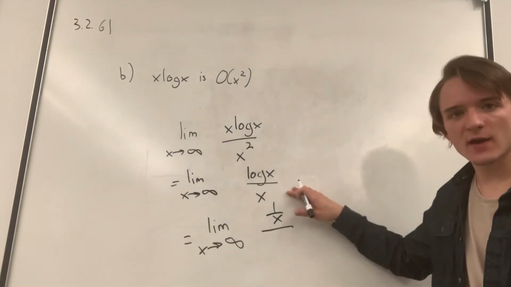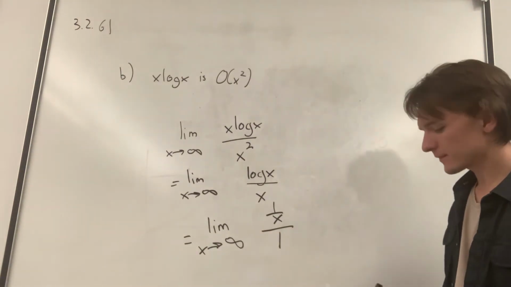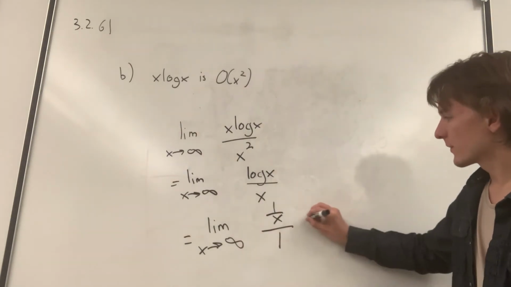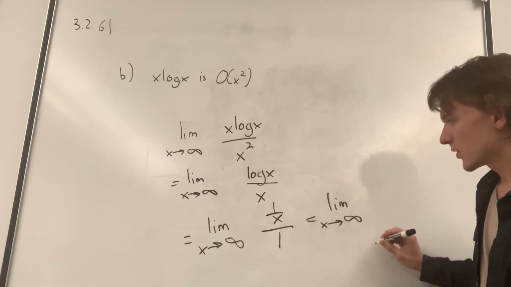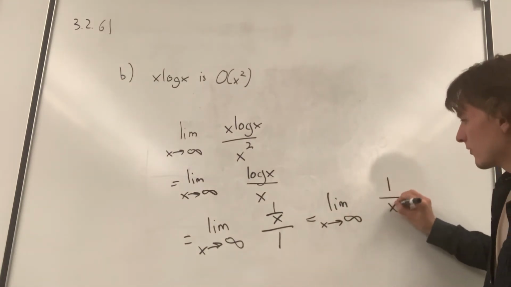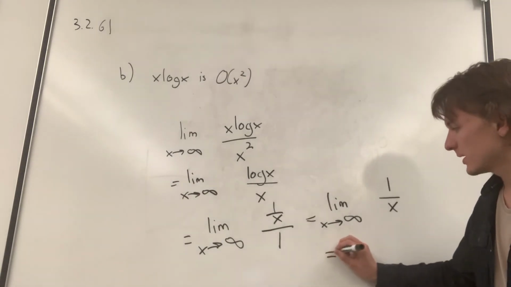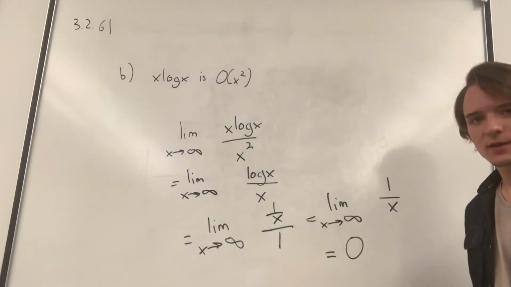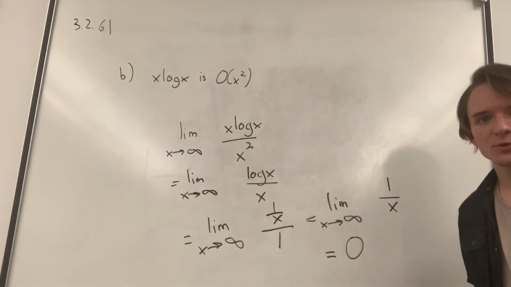Okay, and the derivative of x would be, of course, simply 1. Of course, this simplifies further. We get the limit of x going to infinity of 1 over x. We know that the limit from x to infinity, 1 over x, simply gets infinitely close to the value of 0. Therefore, b holds true.